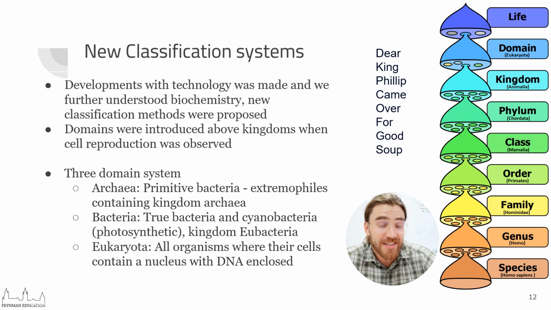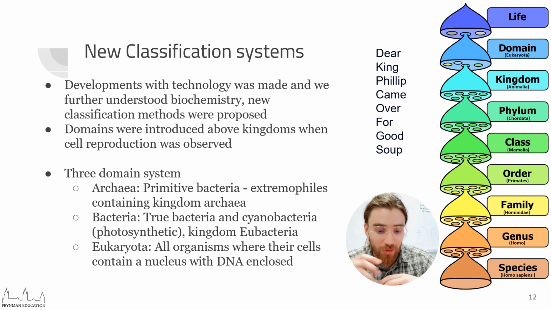Further development in technology allowed us to add a layer above kingdom, which is now domains. Domain is split into archaea, which are primitive bacteria, bacteria, which are true bacteria, cyanobacteria, which are your photosynthetic bacteria, as well as eukaryota.